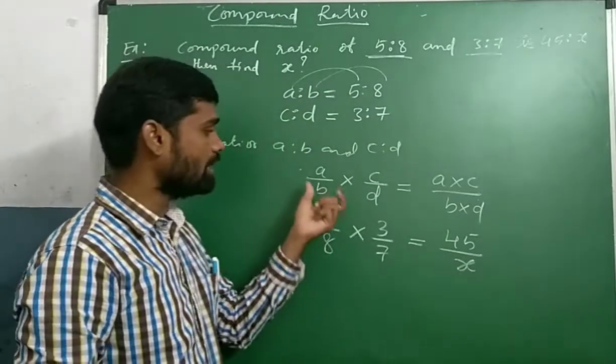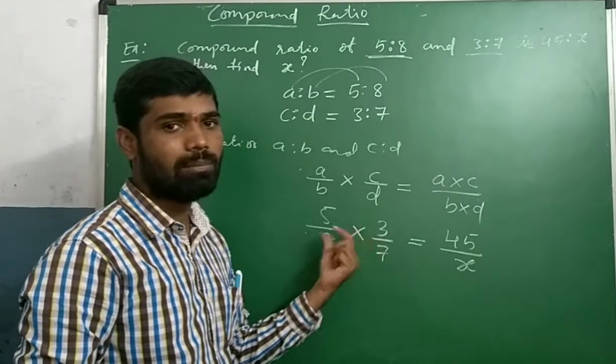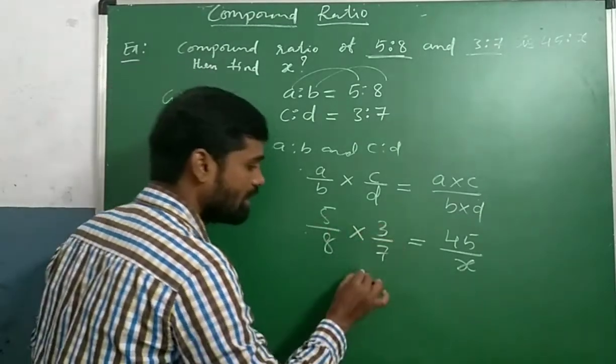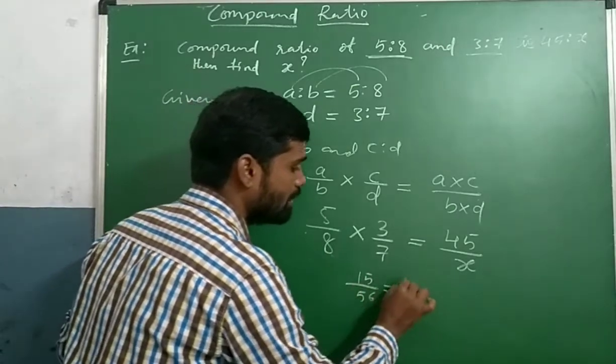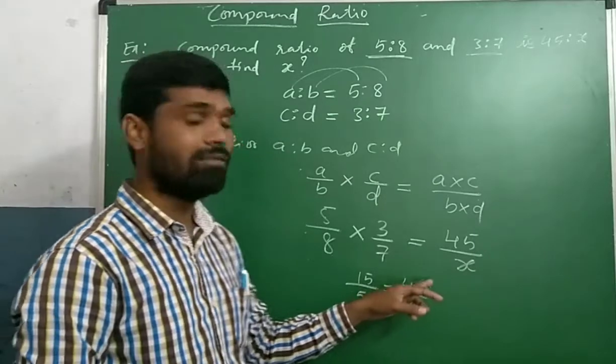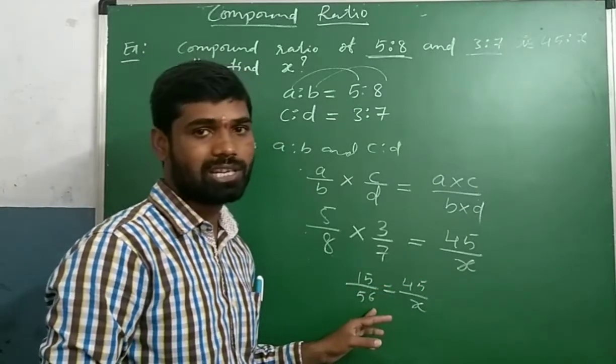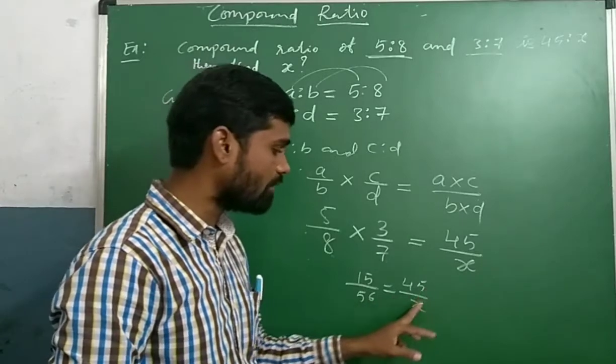Now all the values are substituted. 5 3s are 15 by 8 7s are 56 is equal to 45 by x. So we can simplify that and do cross multiplication. So 15 by 56 is equal to 45 by x.